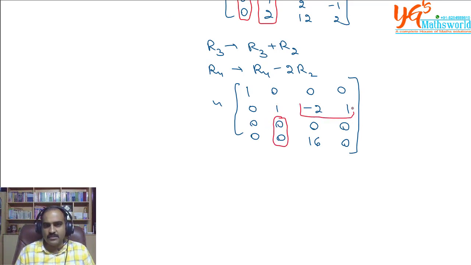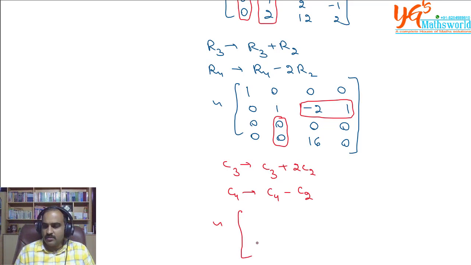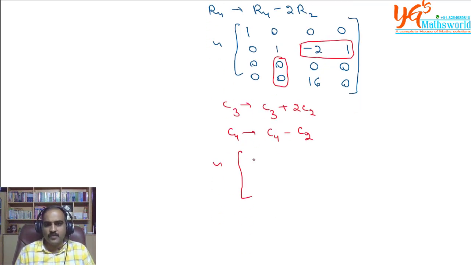Now I need to make these two terms as 0. So on column C3 I need to take C3 plus 2 times C2, and on C4 I need C4 minus C2. So the value reduces to 1, 0, 0 and 0, 0, 1, 0 and 0.